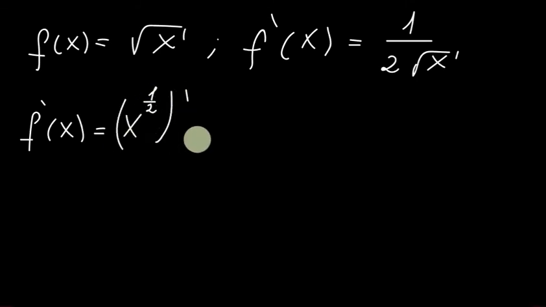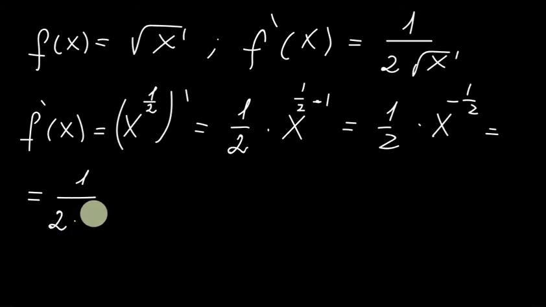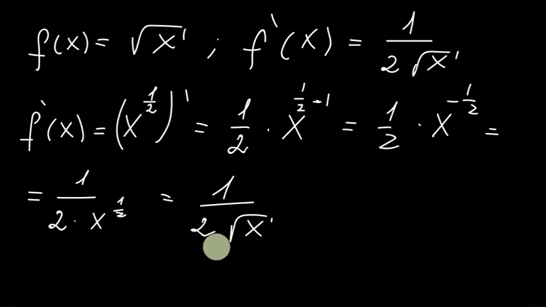Okay, so now we are using power rule, and this will give us 1 over 2 times x to the 1 over 2 minus 1. So it is 1 over 2 times x to the power of minus 1/2, and that gives us that it's 1 over 2 times x to the power of 1/2, and it is basically the same thing as 2 square roots of x.